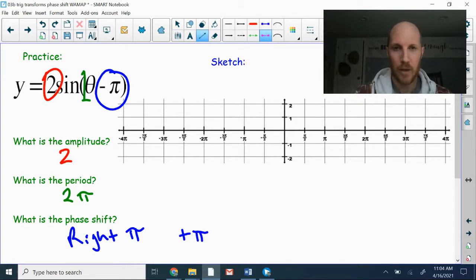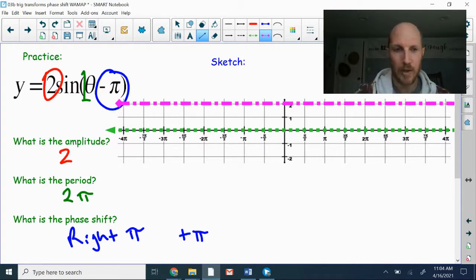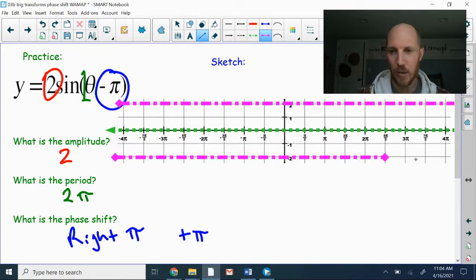All right, let's get some guidelines on here. The midline has not changed. There's no vertical shift, so midline goes right down the x-axis. The amplitude is 2, and so I'm going to use that to get my maximum. It will be up 2 spaces from the midline, and the minimum will be 2 spaces down from the midline.